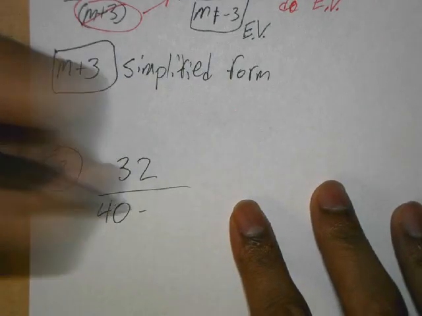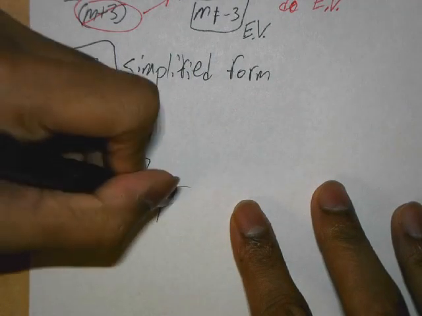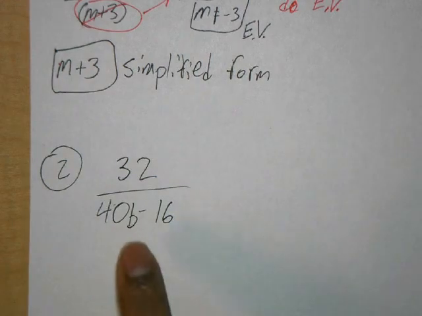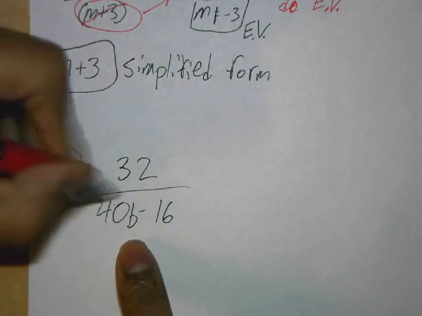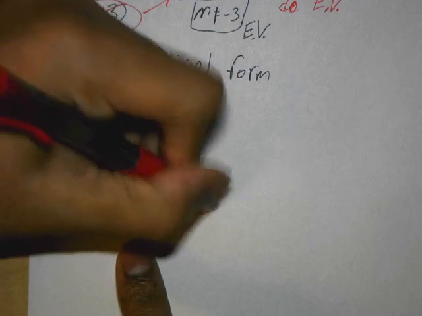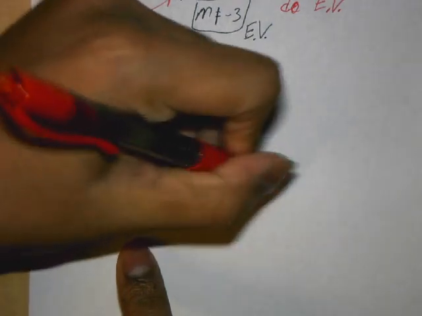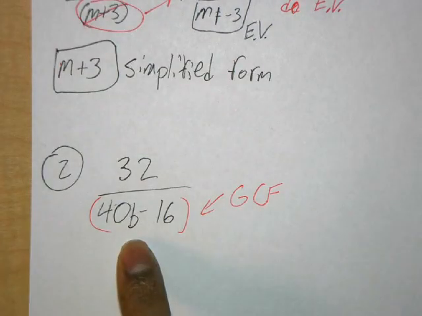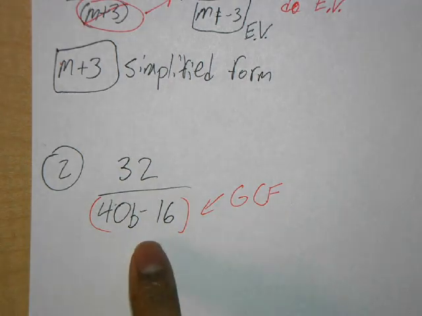My hint to you guys is that for this bottom part, you're going to want the GCF from there. If you do that, this should reduce down. But again, take the excluded values first.